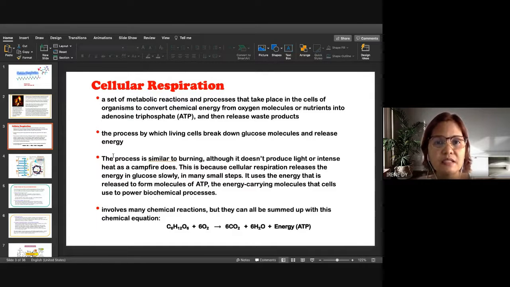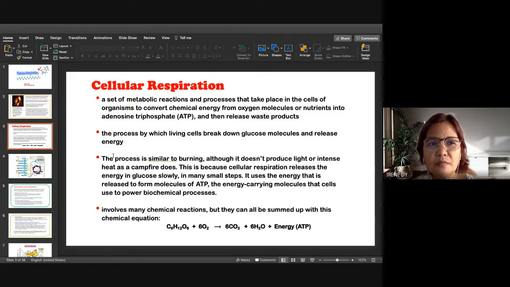And it would be released sa katawan natin, yung mga feces natin, yung mga urine natin, these are now waste products. So the process by which living cells break down glucose, no, paano ba natin binibreak down ang glucose at nagre-release ng energy, yun ang pag-aaralan natin dito.